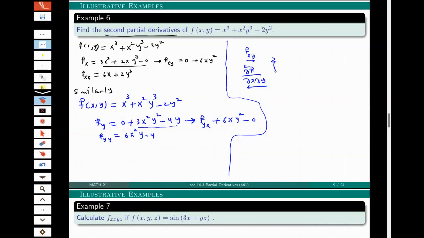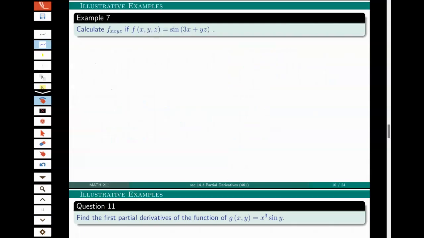That's a convention, or agreement. Which means when we write f sub xy, it means differentiate x then y. But here we differentiate with respect to y then x. It's a matter of convention only.